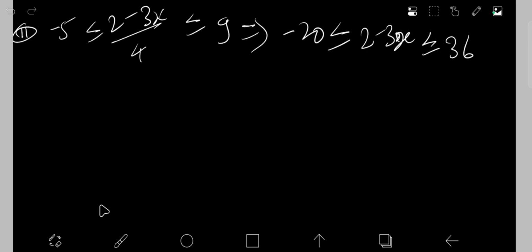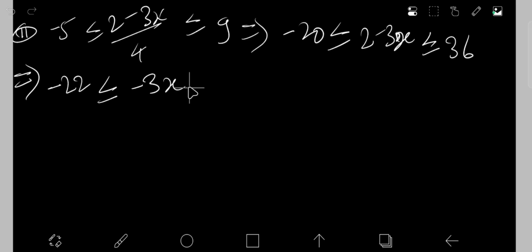Next, this constant, we try to cancel out, this is the plus 2. When we subtract 2 in all inequalities, we get minus 22 less than or equal to minus 3x, because this 2 is cancelled, and subtract here now, so here we get 34.